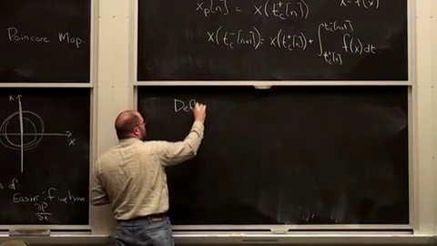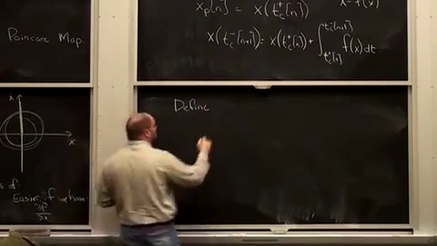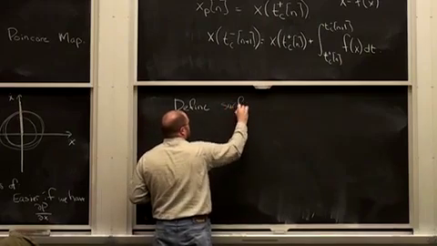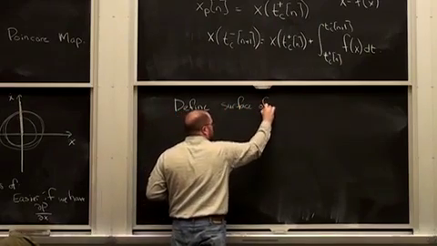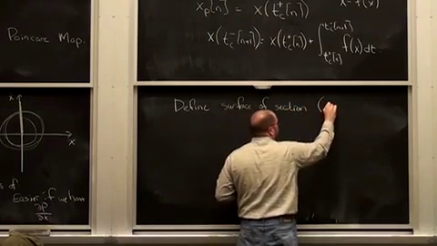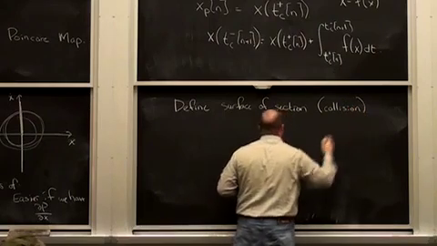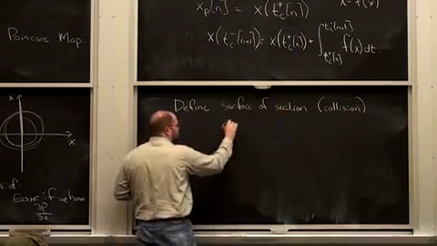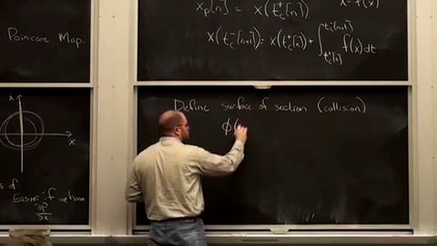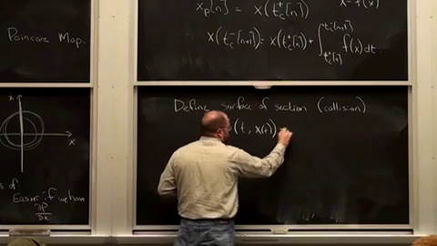And to define that surface of section and that collision time, or more generally a collision, I'm going to define some function that equals 0.